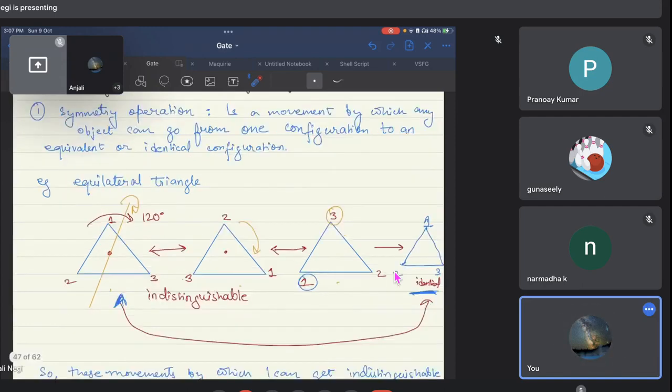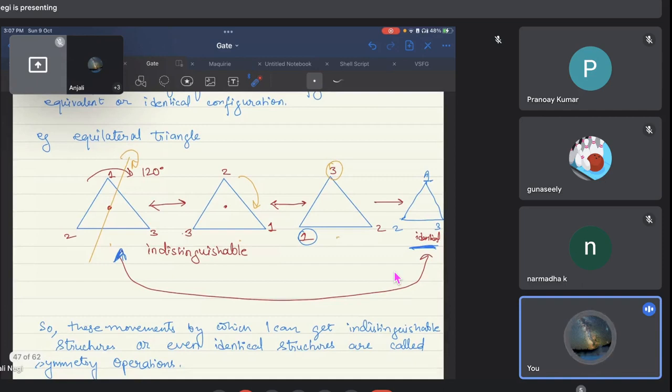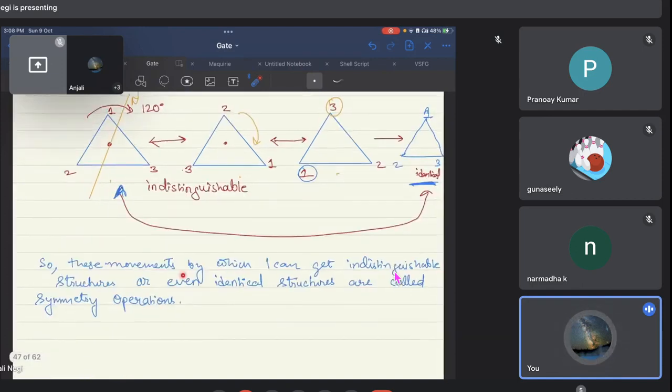So this is what we understand by symmetry operation. The gist is that we need to get an indistinguishable configuration at each point, such that I can call that operation a symmetry operation. These movements by which I can get an indistinguishable or even identical structure are called the symmetry operations.